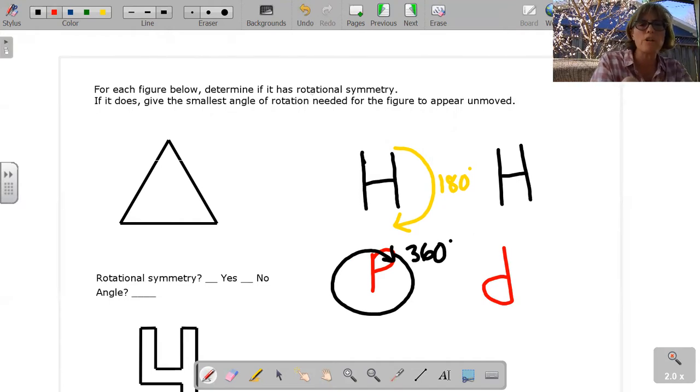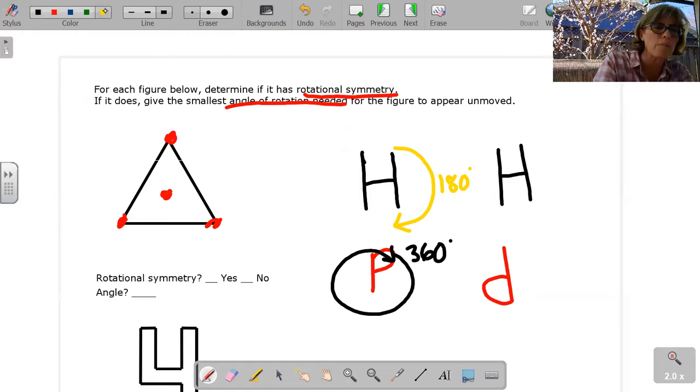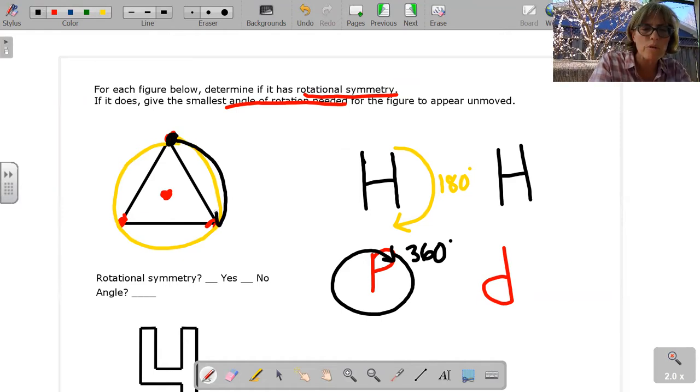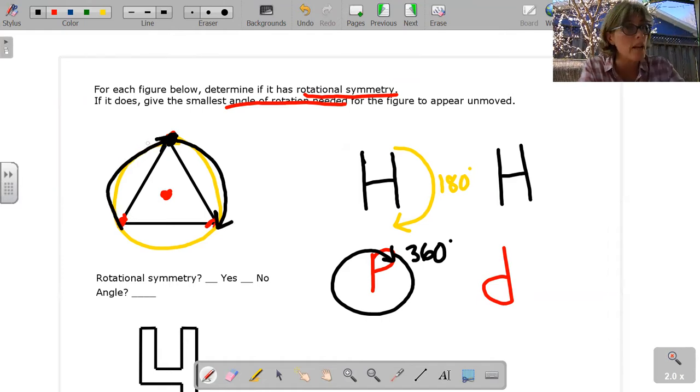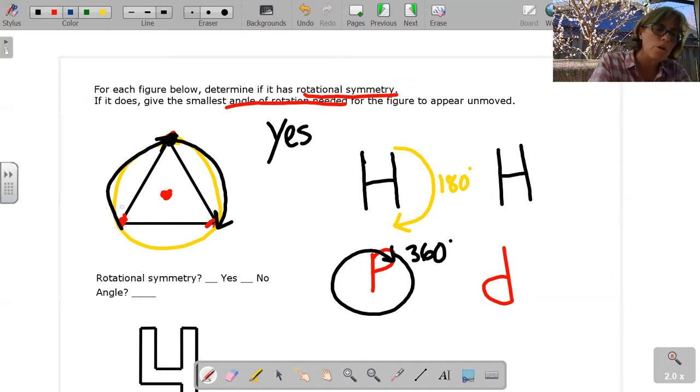It says right here, determine if it has rotational symmetry and what's the smallest angle of rotation. So if I rotate this triangle, when you rotate, imagine it as a circle. All I would have to do is rotate from here to there, and then this would come up and you'd have the same image. So yes, it does have rotational symmetry.